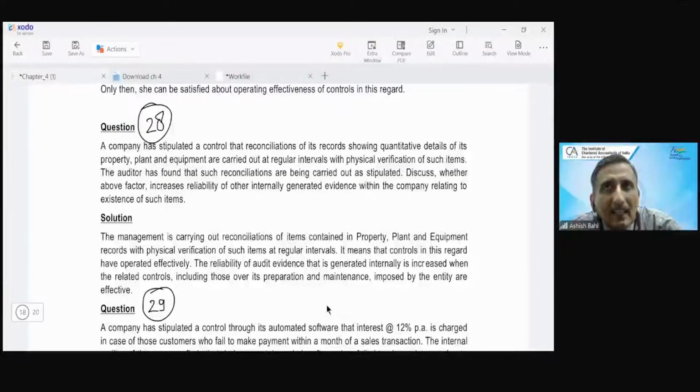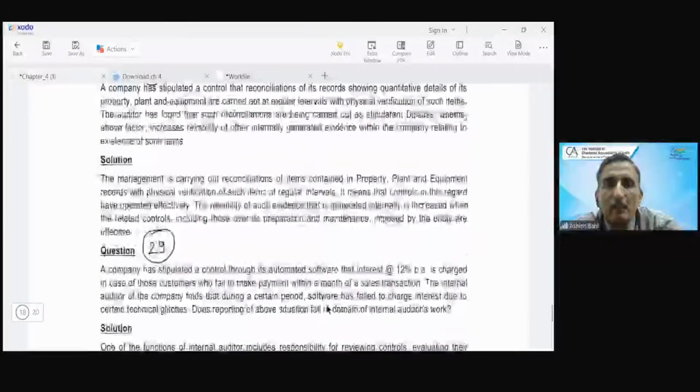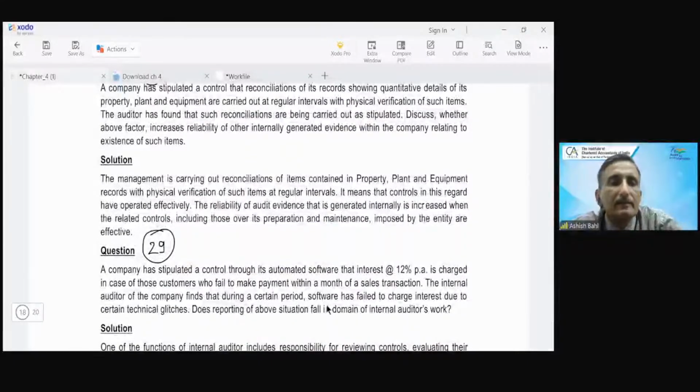So for other internally generated evidence relating to this item, obviously, the auditor can place greater reliance on it. Yes. See question number 29. This relates to internal audit, the work of internal audit.